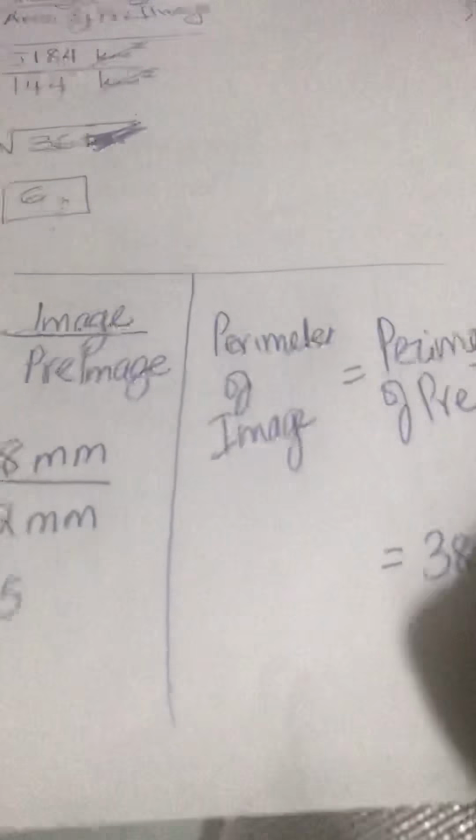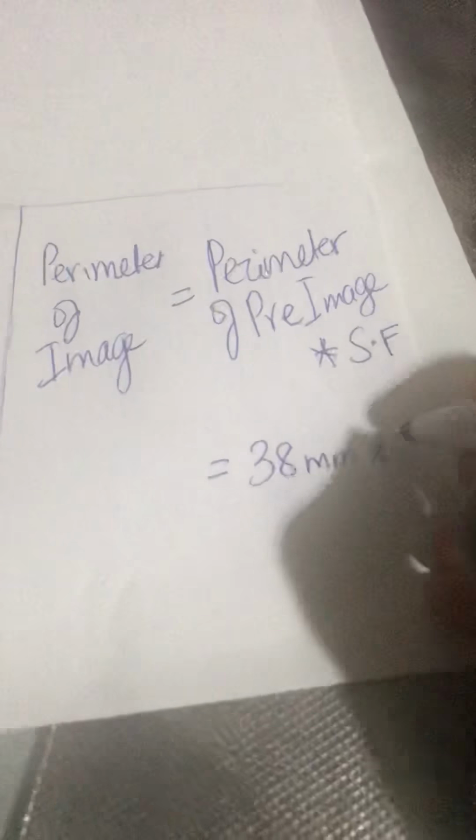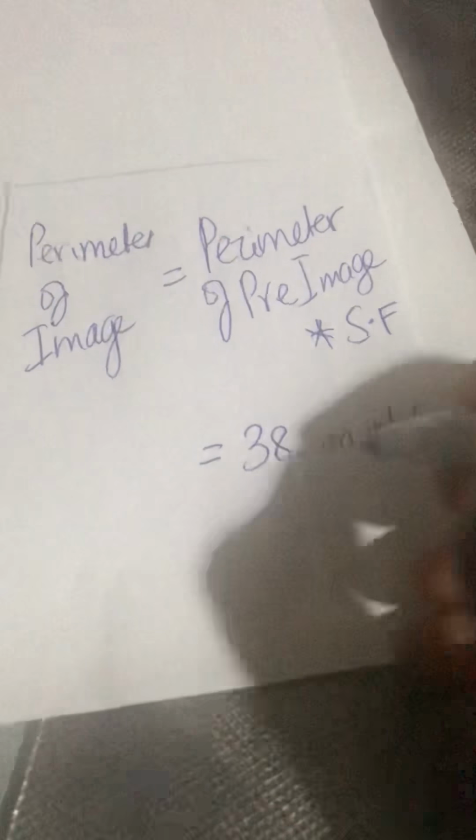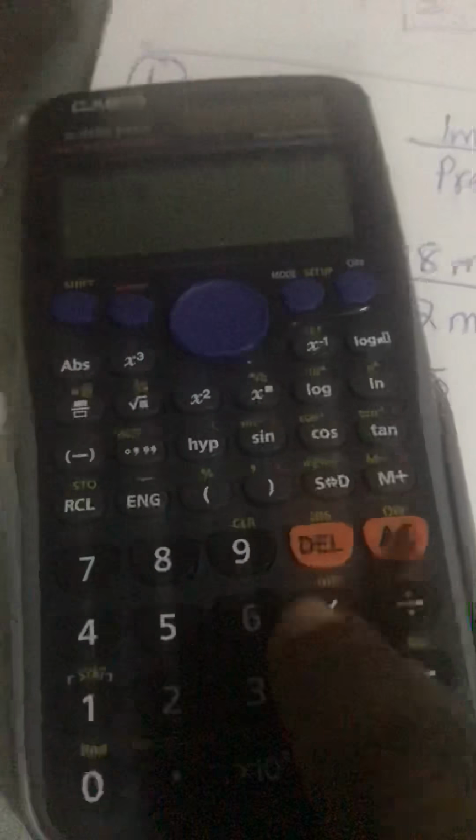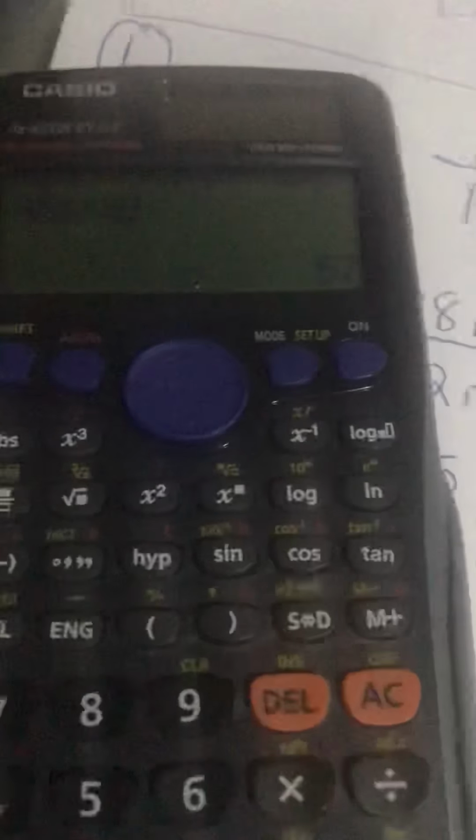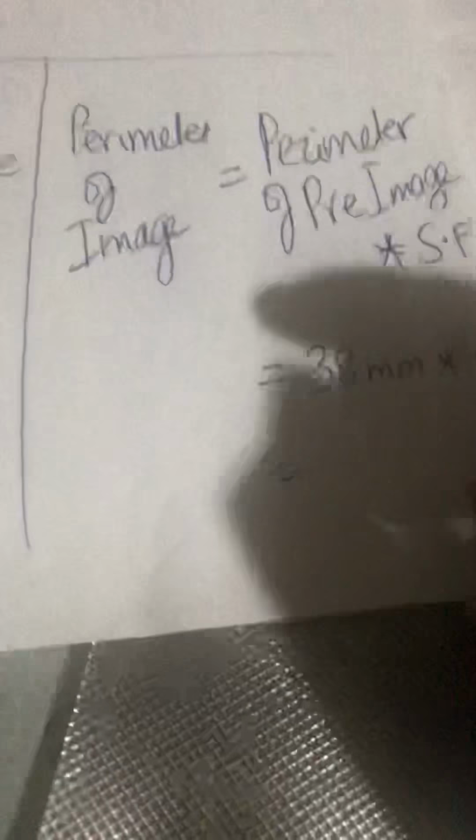So the perimeter of the pre-image is 38 millimeters, and my scale factor is 1 5/10. My answer is 57 millimeters.